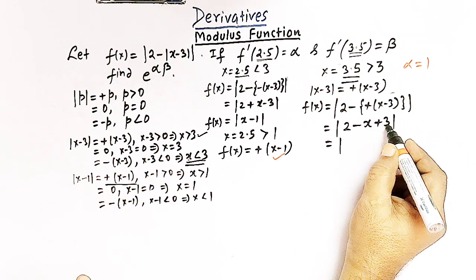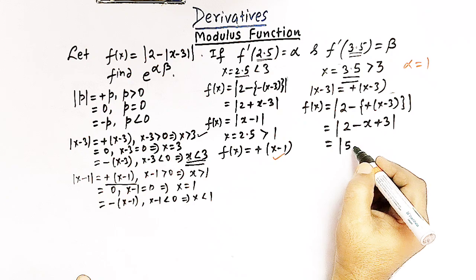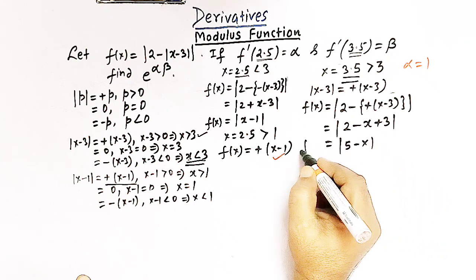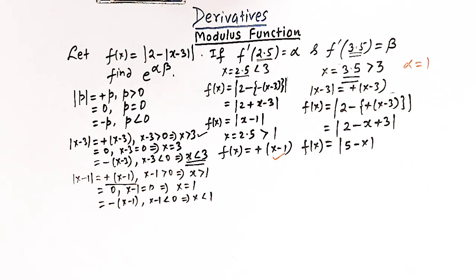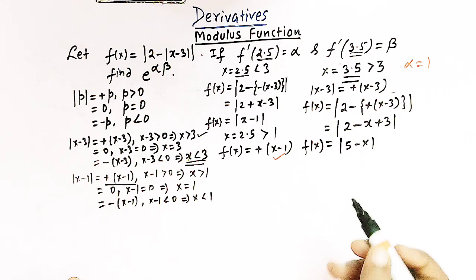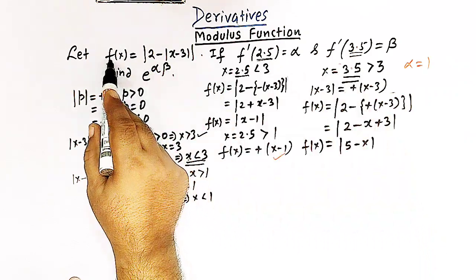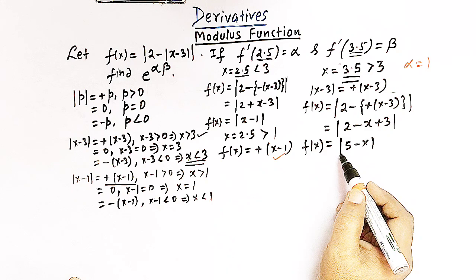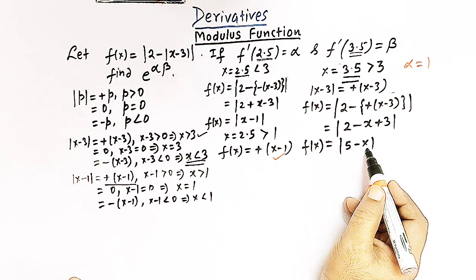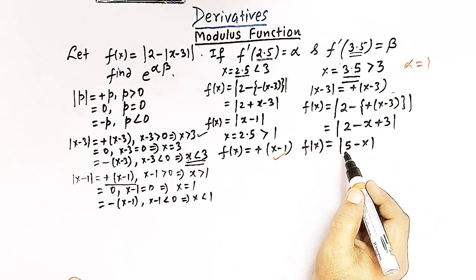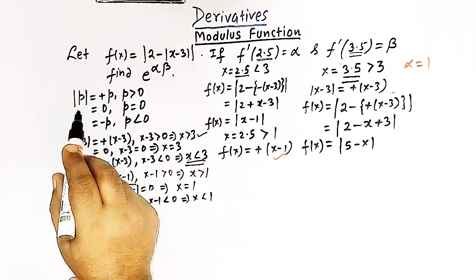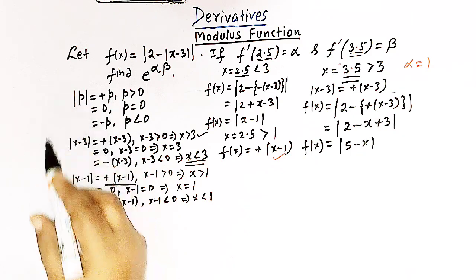So this is 3 plus 2, 5, so mod of 5 minus x, right? So now in the neighborhood of x is equal to 3.5, f of x can now be written as mod of 5 minus x. Now let us define mod of 5 minus x with the help of this definition.